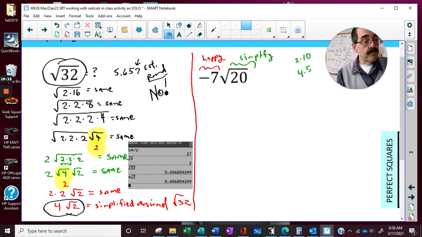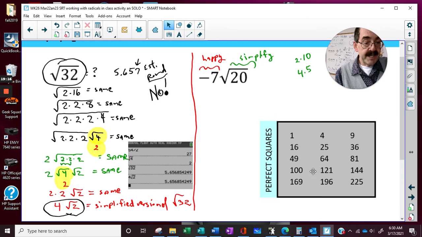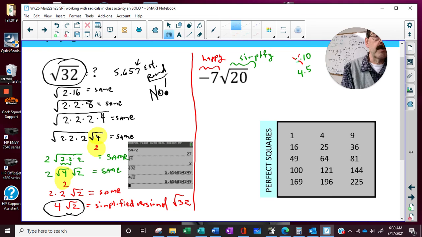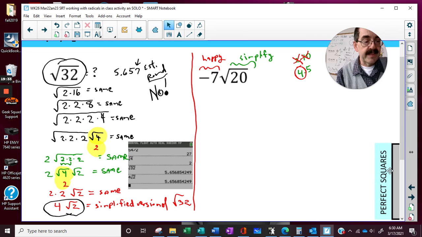Now, we have our perfect squares. 2 and 10 are not part of the perfect squares, but 4 is. We know what the square root of 4 is. What is it? Good. We need to, this week, start talking like that. We got to think like that.